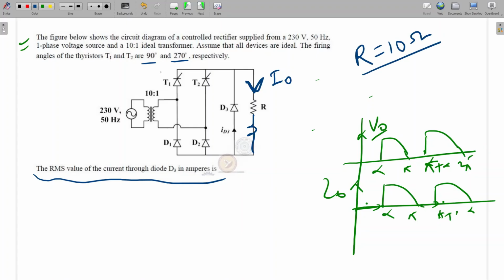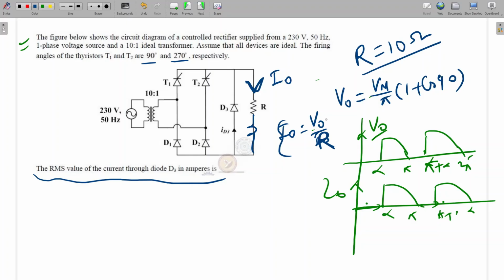So we can calculate the average value. What will be the average voltage? Vm upon pi into (1 plus cos 90). This will be the average value. So we can calculate the average current. Average current I naught will be V naught upon R. Is it clear?